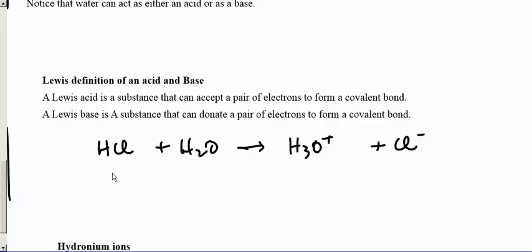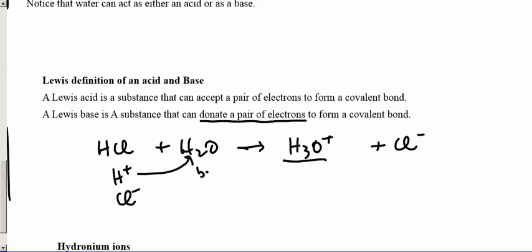An H plus comes off of this, and a Cl minus, and this H plus joins up here to make this guy. The H2O is donating a pair of electrons so that these two things can bond together.